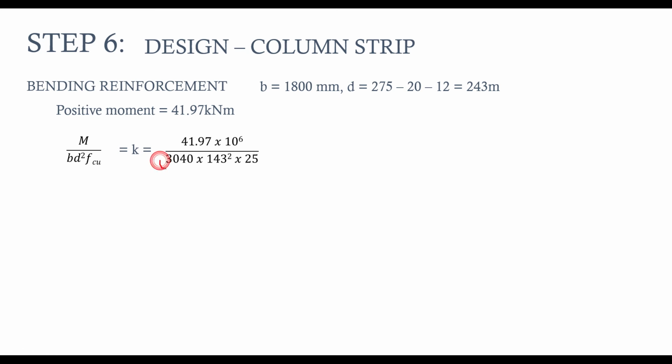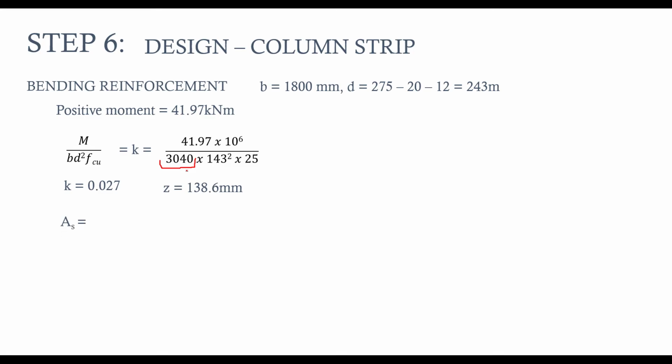So that explains why, for the column strip here, for the positive moment, we are using a B value of 3040 instead of 1.8, which is the size of the column strip. I hope that is clear. So after that, you calculate your K. From K you get your Z, 138.6.